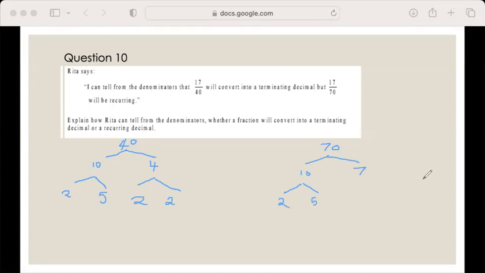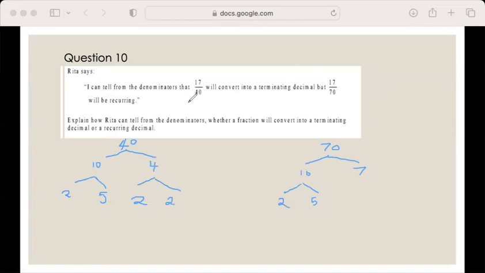Now, can you divide 10 by 2? Yes. 10 divided by 2 is 5. Can you divide 10 by 5? Yes. 10 divided by 5 is 2. But can you divide 10 by 7? Obviously you can, but you will end up with a decimal. So this is what you do. Look at the denominator and see if its prime factors can be divided into 10.